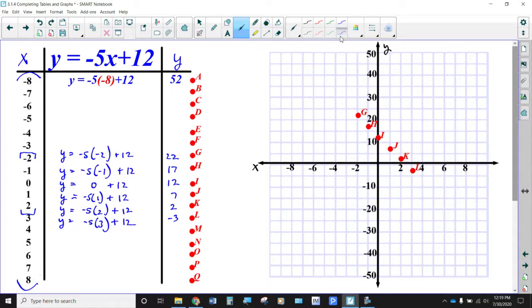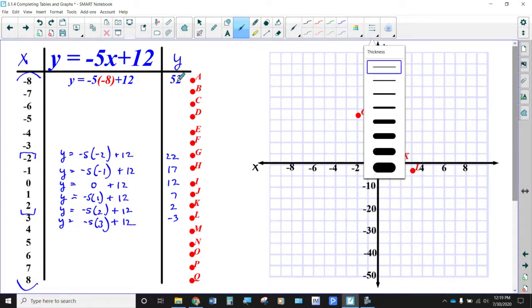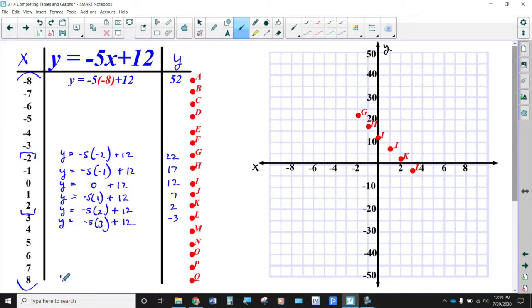Now, let me go and find the extremes here. For this one right here, I already got the extreme up here, but what if x was equal to 8? That would be -5 times 8 plus 12. That's -40 plus 12, which would be -28. Is that right? 40 minus 12 is 28, and you've got more negatives than positives, so yes.